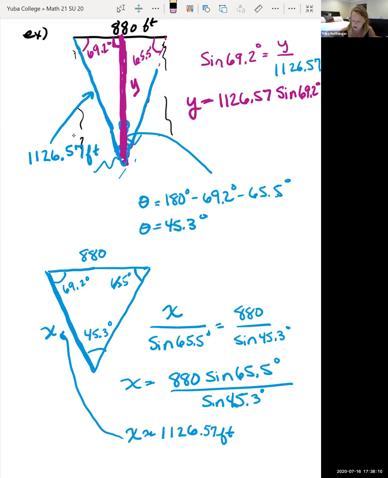I didn't round when I put it in, I already have the answer in my calculator without rounding, so yours might be a little different if you had rounded. I got y as approximately 1,053.15 feet.